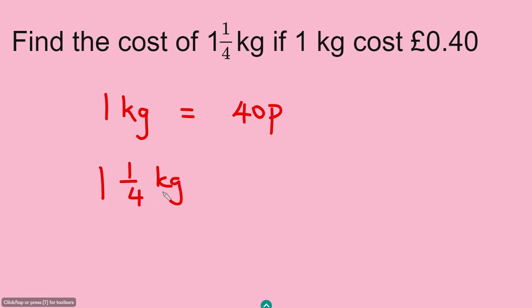This 1 1/4 kilogram can also be written as 1 plus 1/4. So I'm going to replace 1 kilogram by 40p, plus a quarter kilogram. If 1 kilogram is 40p, then a quarter of it will be 10p. So if I add up 40 plus 10, that's going to give me 50p. Really a different way of solving this.